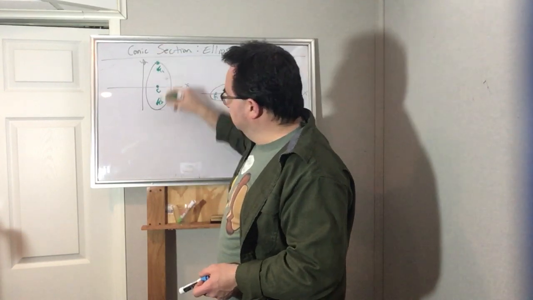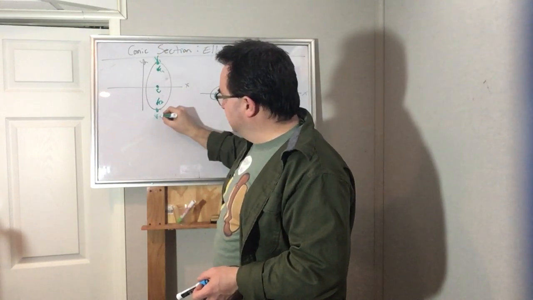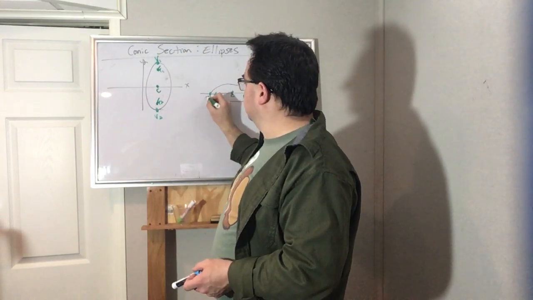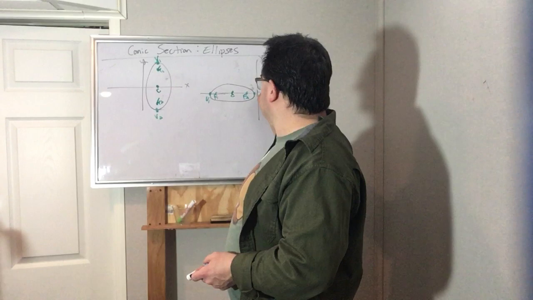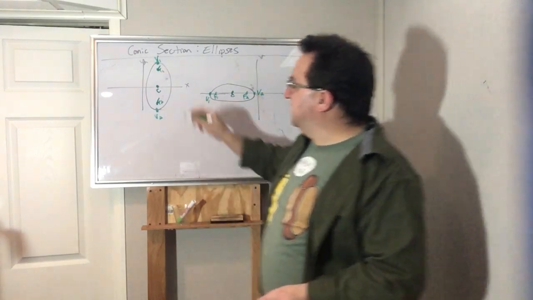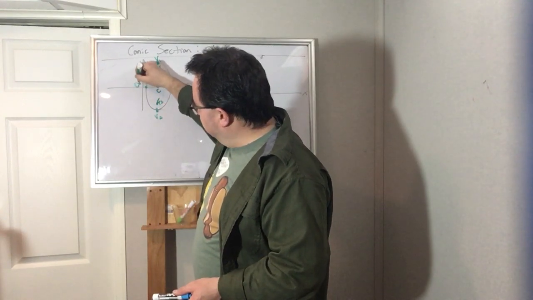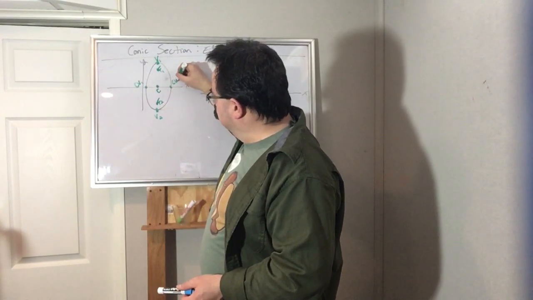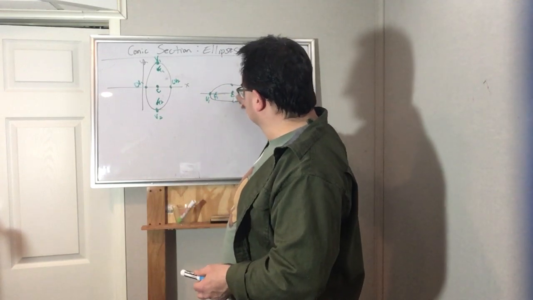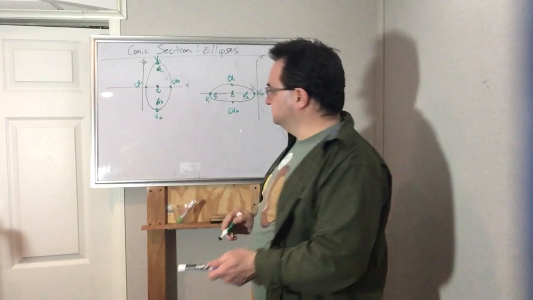We have two vertexes, also called vertices, V1, V2. And now we have something new called a co-vertex, and that would be right here and here, and we'll call that CV1 and CV2. So there's a lot going on here.